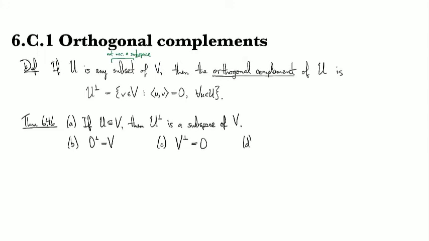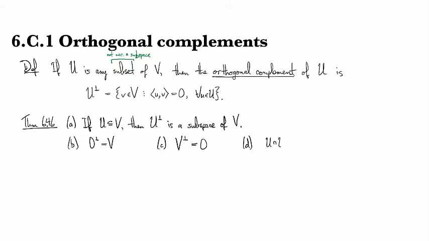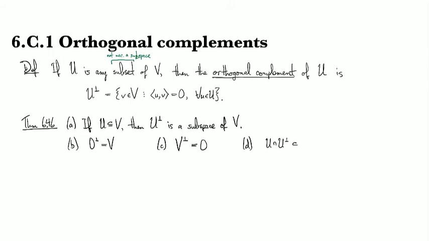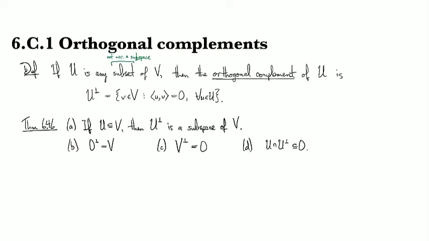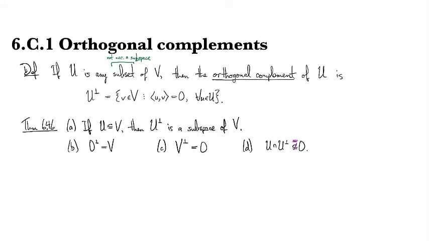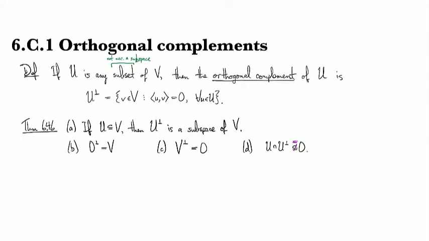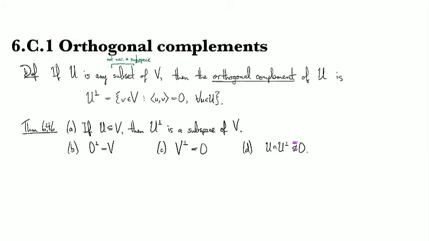And if you look at the intersection of U with its orthogonal complement, the only thing that satisfies that is 0. This is an equality, actually. It's just that the containment that I wrote is the only one that's non-trivial. The other one's obvious because we just said that U perp is a subspace, so it definitely has to contain 0, right?